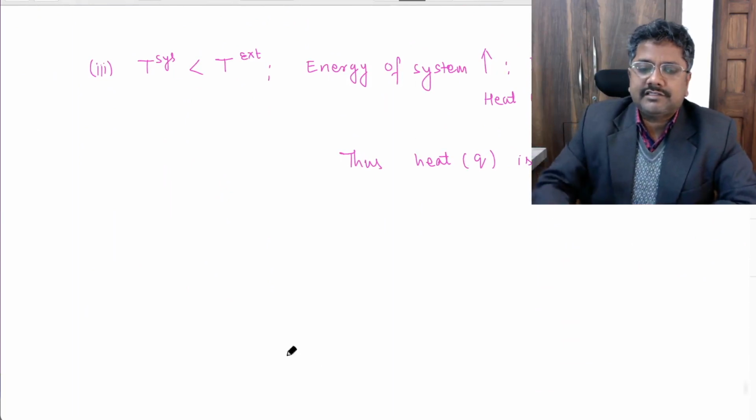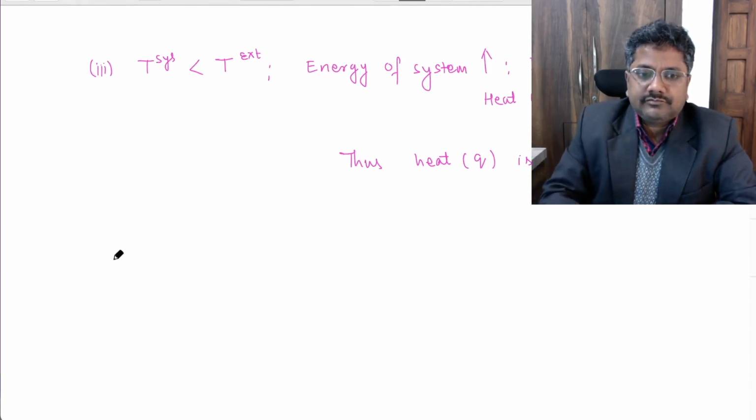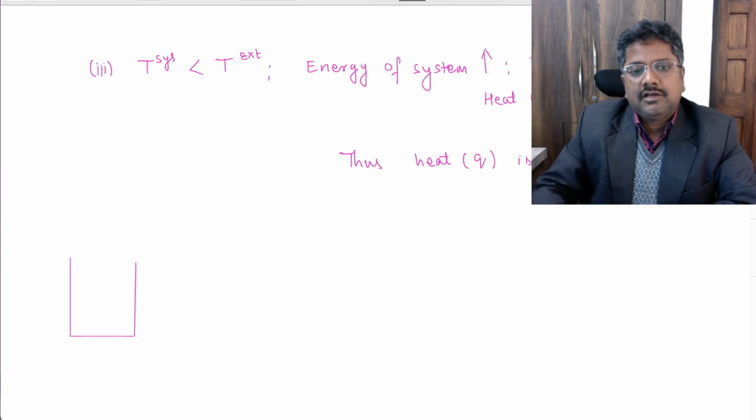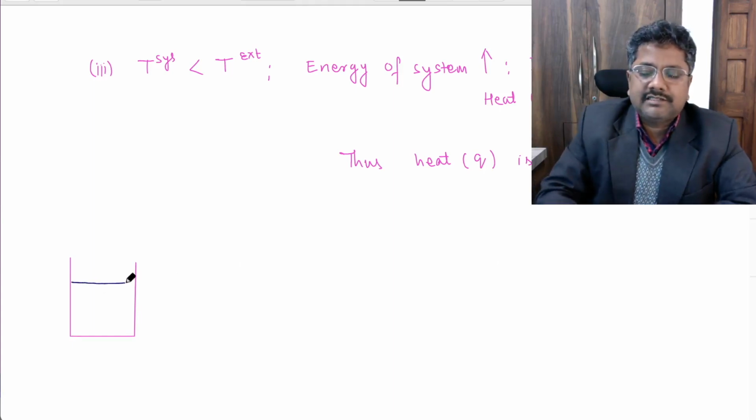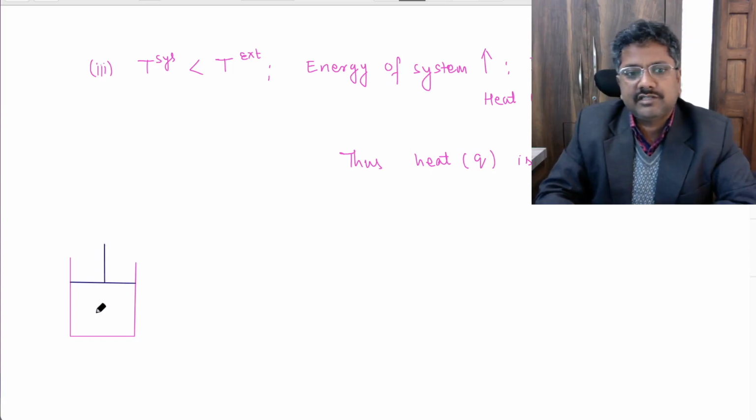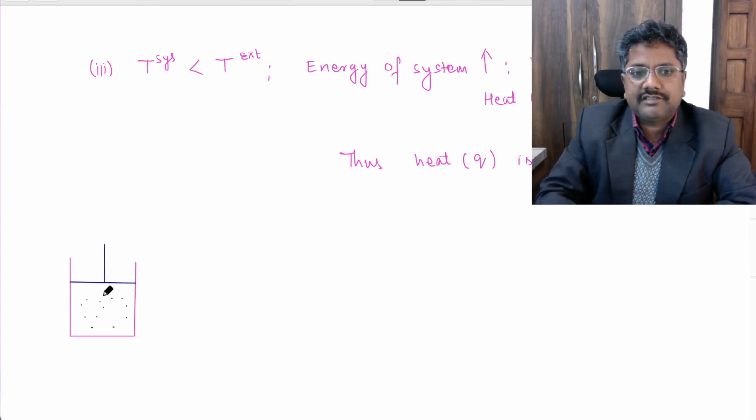So second case, suppose that we have taken a system like this, and in this system we have taken a massless and frictionless piston here, and here we have taken some gas. This time the pressure of the gas is P gas, and here P external.